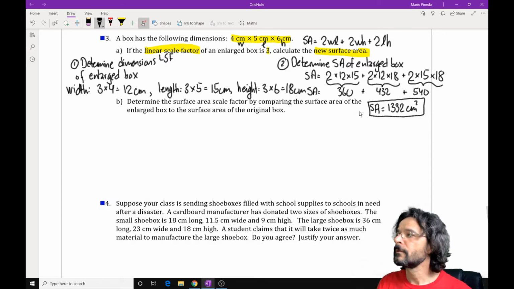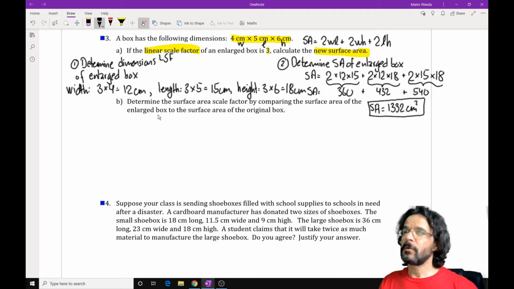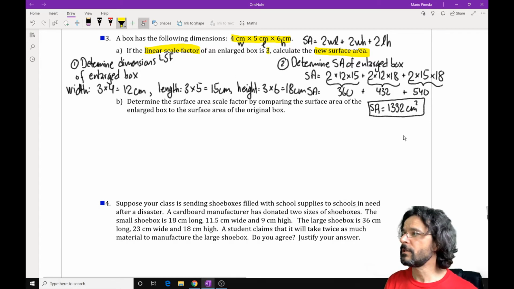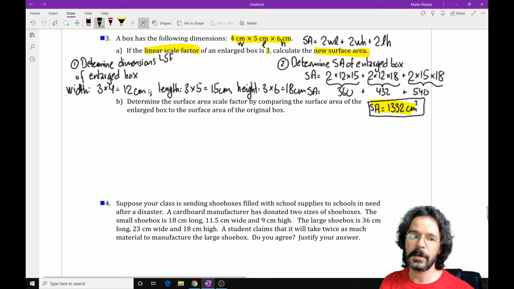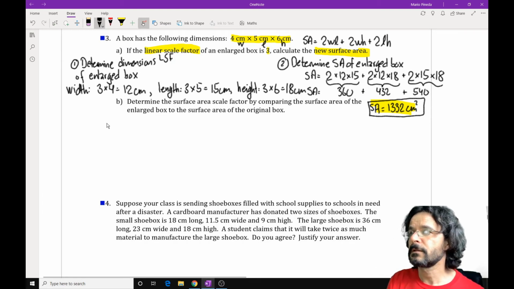Right? Now in B, they want us to determine the surface area scale factor by comparing the surface area of the enlarged box to the surface area of the original box. So we have the surface area of the enlarged box. We need to calculate the surface area of the original box.